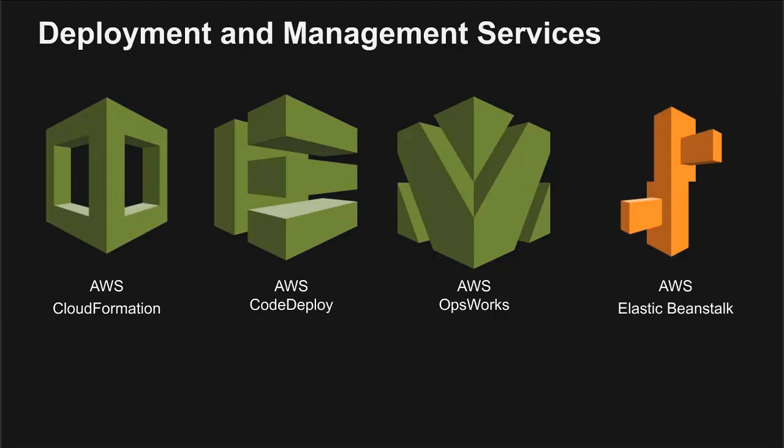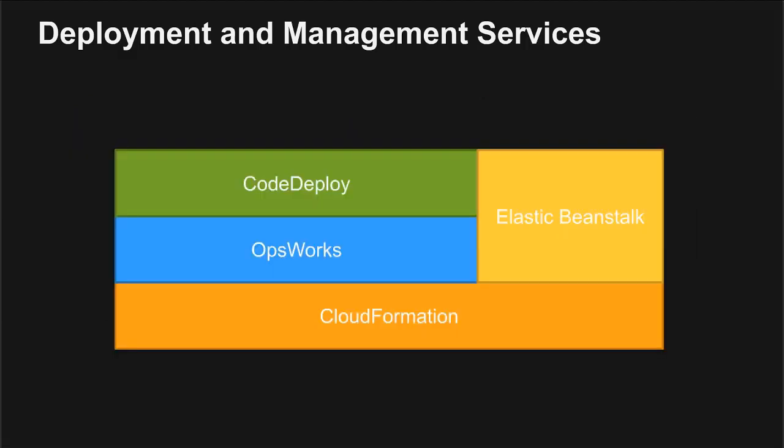So let's talk about some AWS specific services here that allow you to do this. We're going to talk about AWS CloudFormation, AWS CodeDeploy, AWS OpsWorks, and AWS Elastic Beanstalk. First, to see where they fit in: CodeDeploy and OpsWorks both handle deploying code onto your instances.